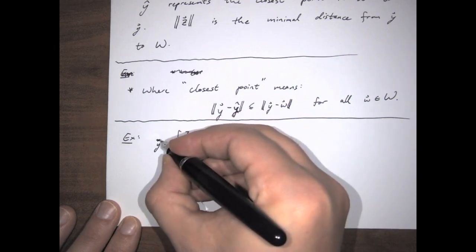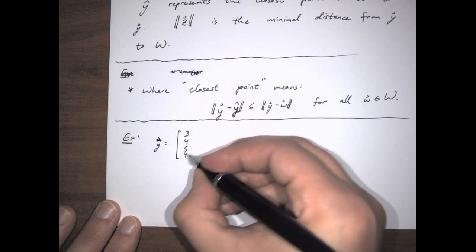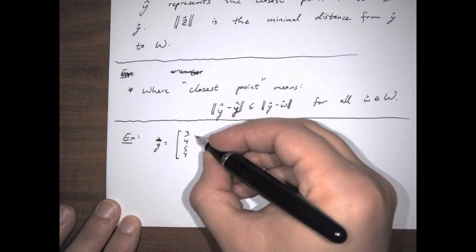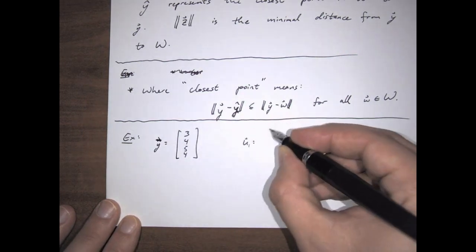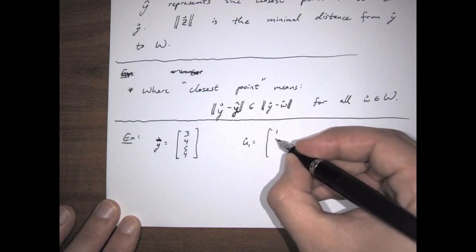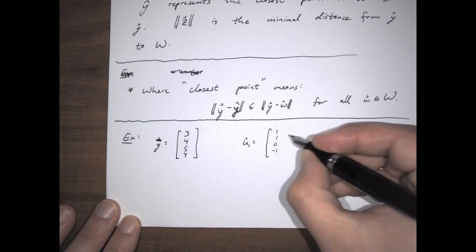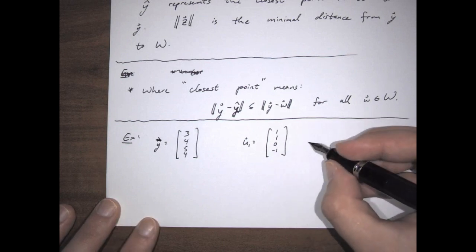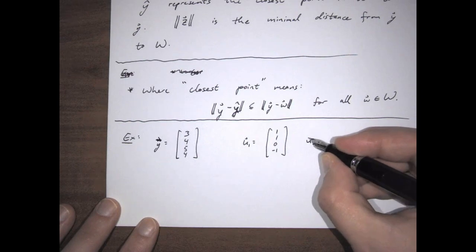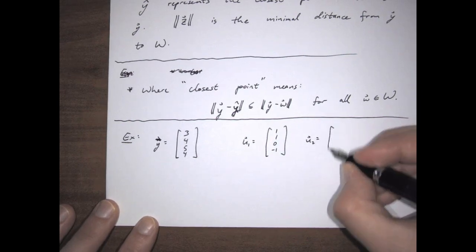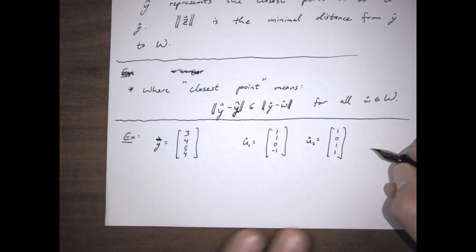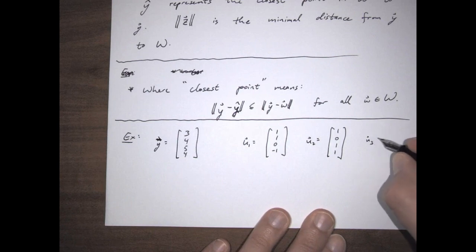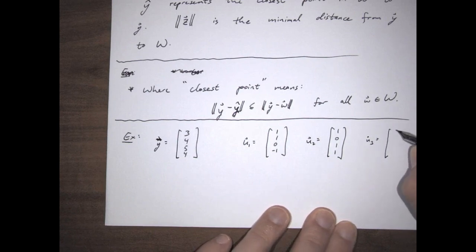That's a regular y, not y hat. u1 is going to be equal to 1, 1, 0, negative 1. u2 is going to be equal to 1, 0, 1, 1. u3 is going to be equal to 0, negative 1, 1, negative 1.